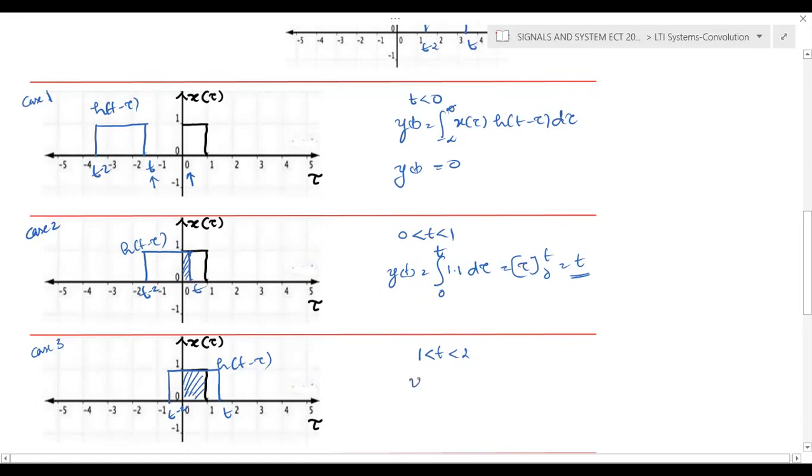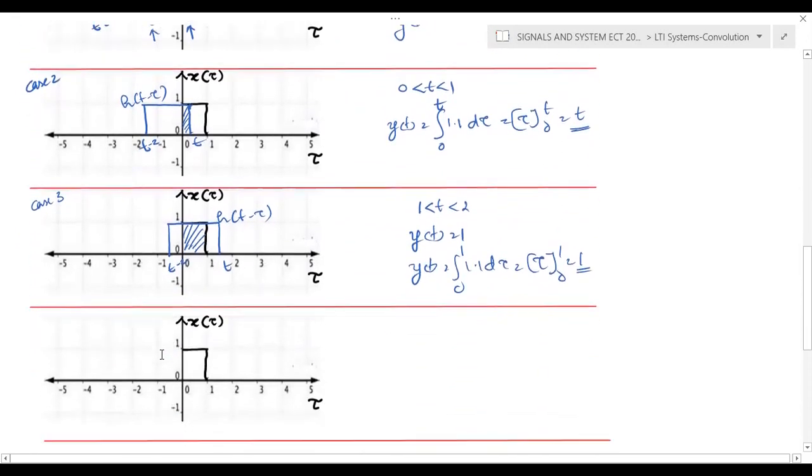So constant area, y of t is equal to 1. Either you can use this approach or you can integrate it from 0 to 1, 1 into 1 d tau. So it becomes tau 0 to 1 and which is equal to 1. Either you can use the first concept or the second concept. Okay. Now this is a case 3.